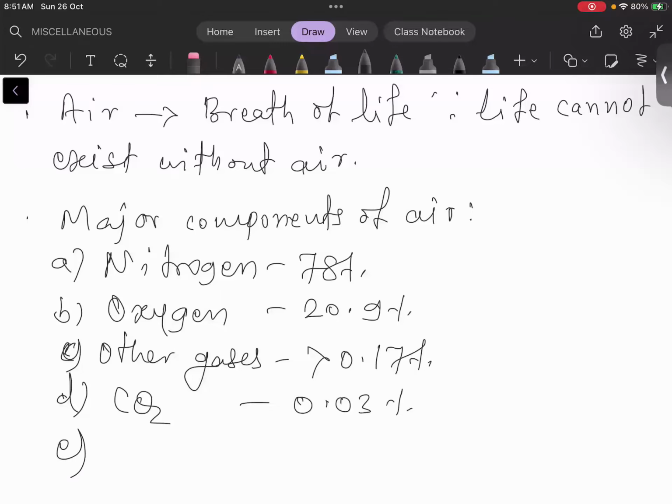Then the last component is water vapor, which is present in excess. So air mainly consists of nitrogen 78%, oxygen approximately 21%, other gases greater than 0.17%, CO2 0.03%, and water vapor in excess.